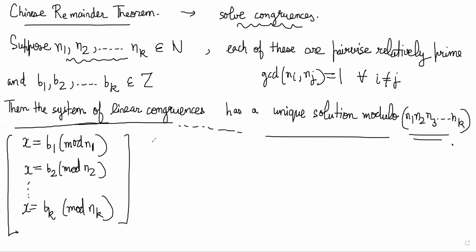I hope you have written this because I'll go to the next screen and say the next thing. Just write the statement of the theorem in your notebook and then we'll continue. Okay, finished.